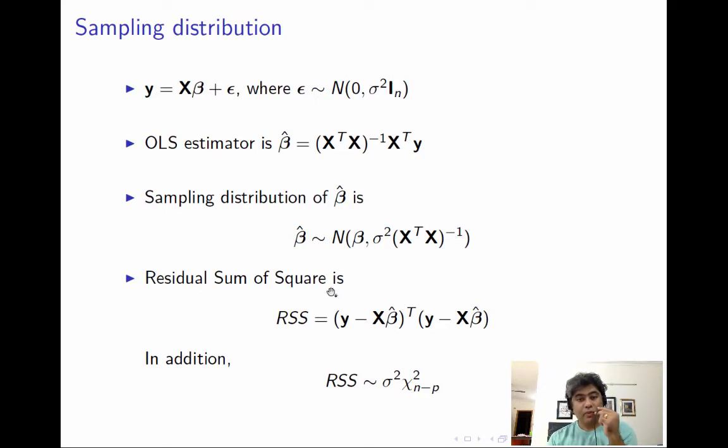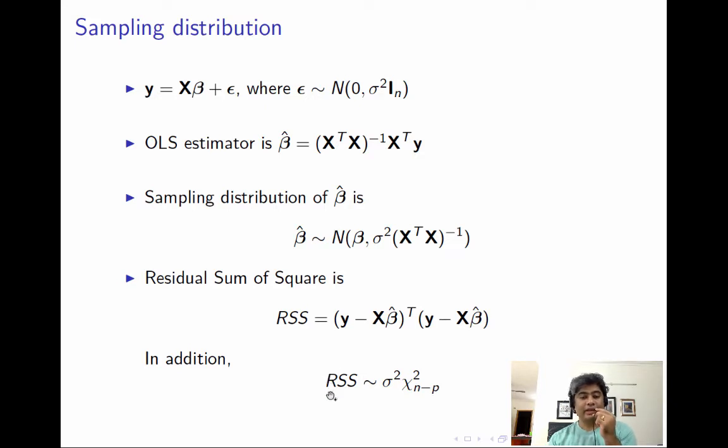The residual sum of squares can be written as (y minus x beta hat) transpose times (y minus x beta hat). In addition, we can show that the residual sum of squares divided by sigma square is a statistic that follows a chi-square distribution with n minus p degrees of freedom.